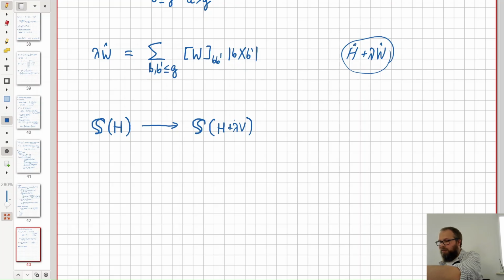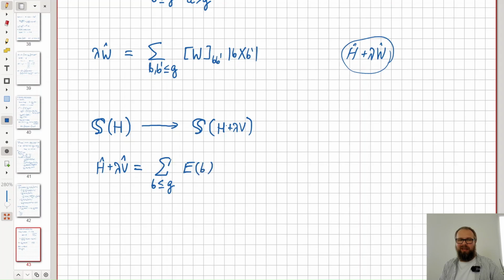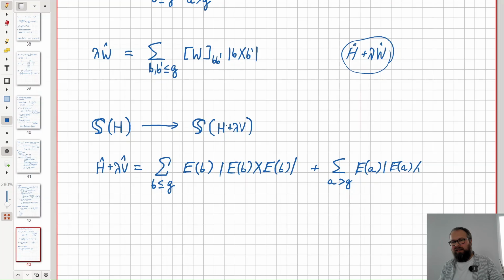However, what is more, because of that, we can at least write the spectral decomposition of our perturbed Hamiltonian, and it can be broken down into below-gap and above-gap parts, B plus A greater than G. So EA would be the eigenvector of the perturbed Hamiltonian, okay?